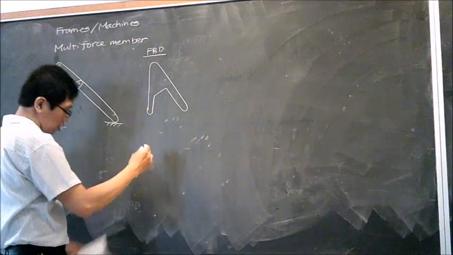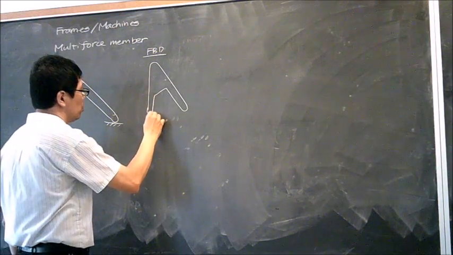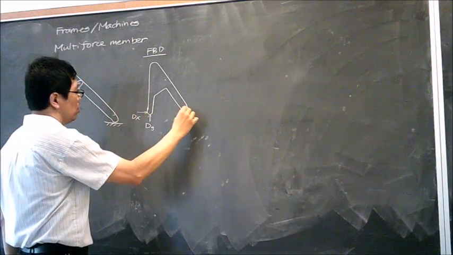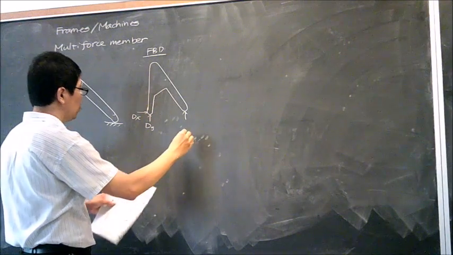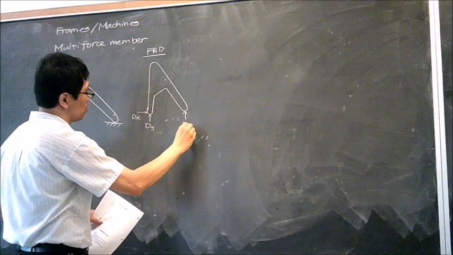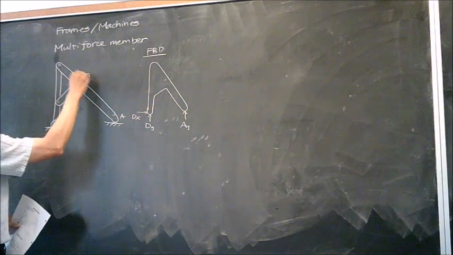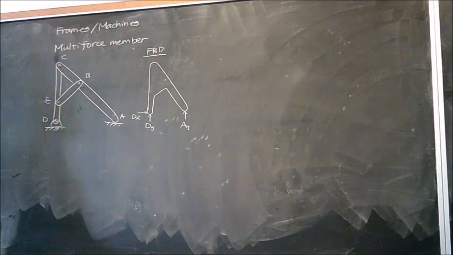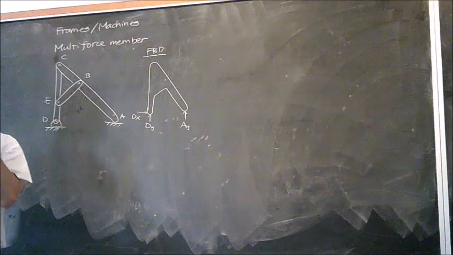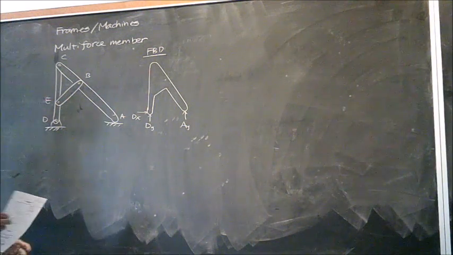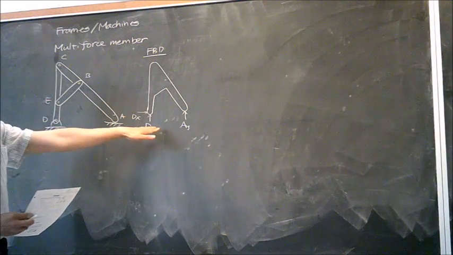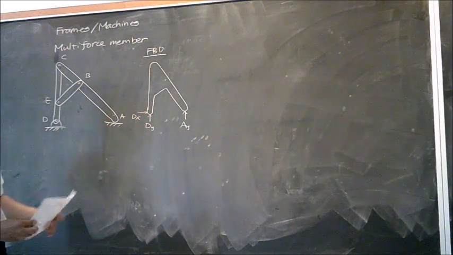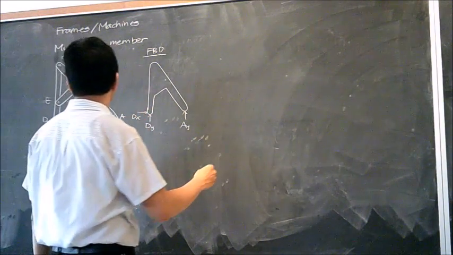So in this case, if I don't have any external forces applied to it, I have Dy, Dx, and over here, I have, let's say, A1. Does that make sense? Of course, all of the forces over here are equal to 0. Only when we have external forces, they are not going to be 0.